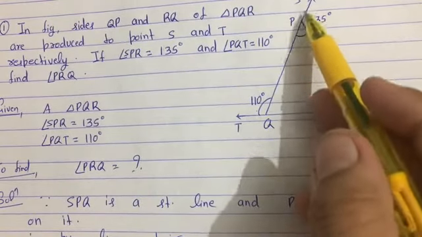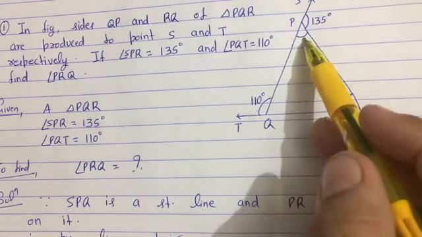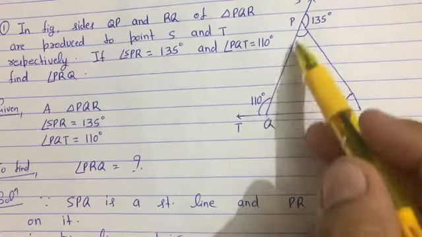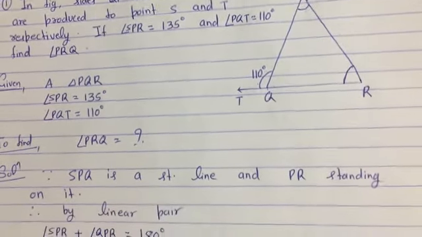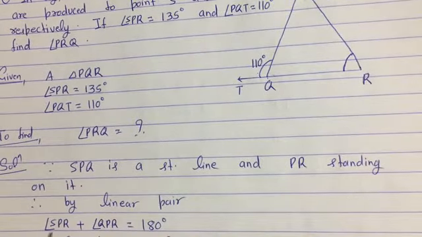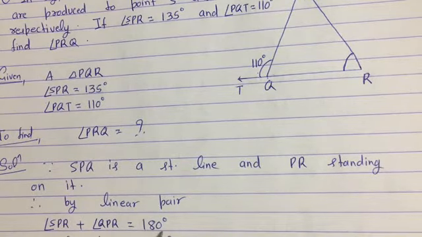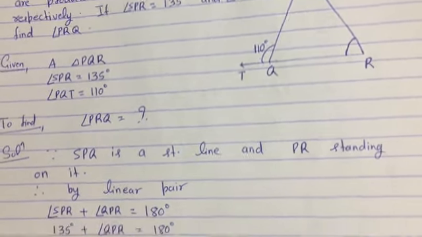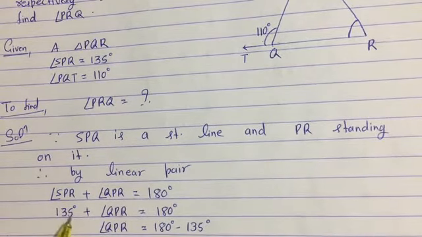this angle is angle SPR, and what is the name of this angle? Angle QPR. Angle SPR plus angle QPR is equal to 180 degrees, and the value of angle SPR is 135, plus angle QPR is equal to 180 degrees.